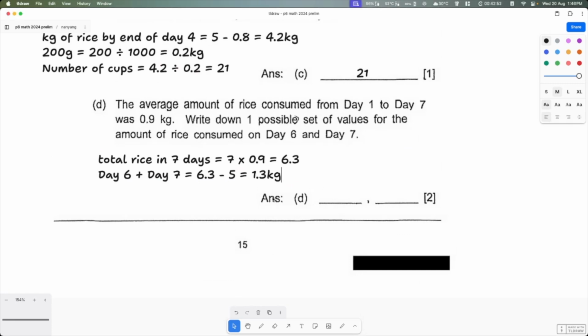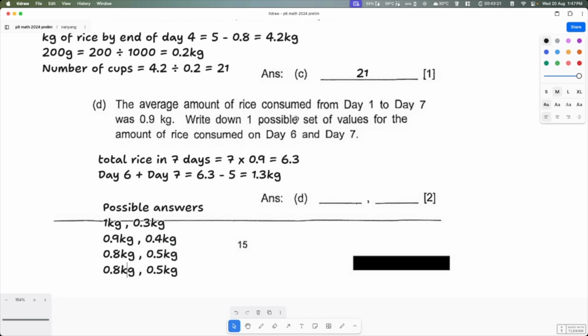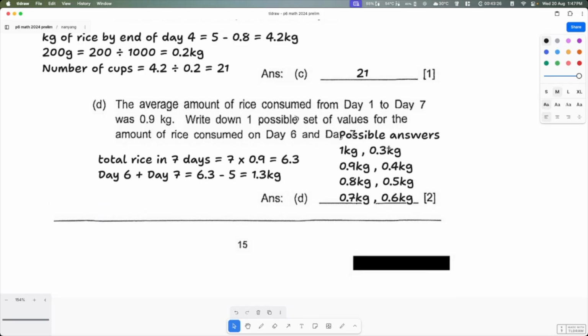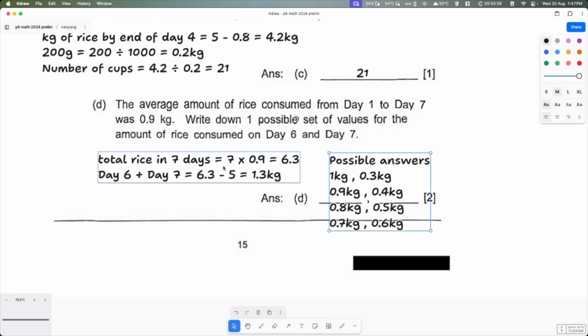Possible answers can be 1 kg and 0.3 kg, or 0.9 kg and 0.4 kg, or 0.8 and 0.5, or 0.7 and 0.6. Either works. These are the possible answers. It doesn't really matter.